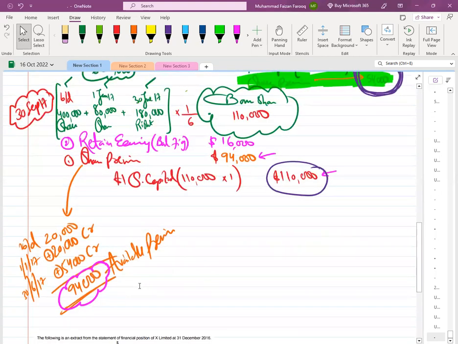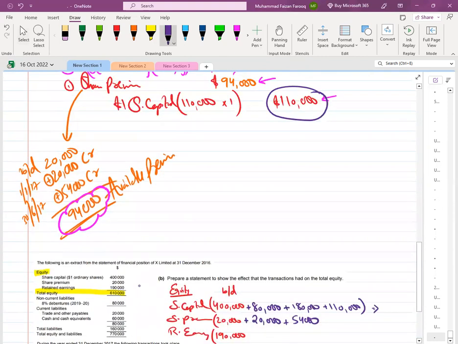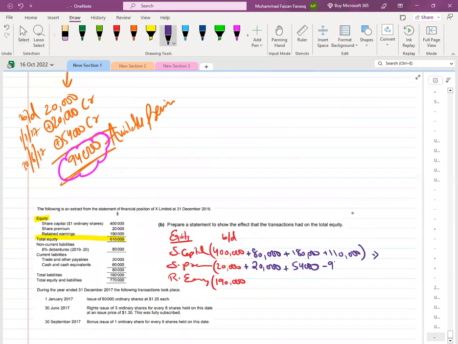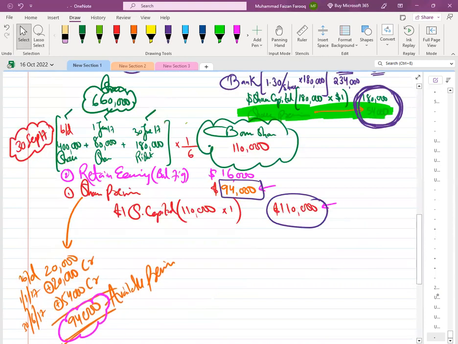Premium. What we did with premium? We made premium credit or debit? Debit. Premium is an equity, right? If it is debited, it will be a decrease. Very nice. And retain earning, debited, right? Should it be 16,000?